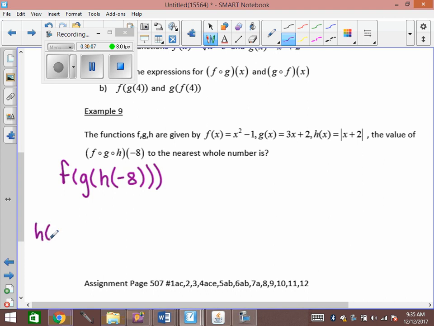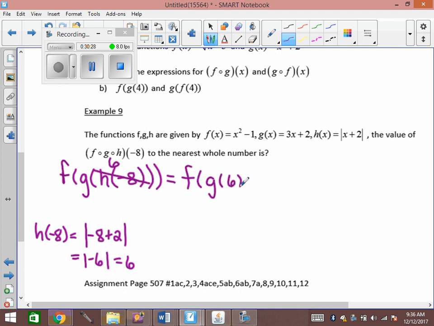So I'm going to go off to the side. I'm going to do h of negative 8. I forgot my marker doesn't change. So we get the absolute value of negative 8 plus 2, which is the absolute value of negative 6. What's the absolute value of negative 6? 6. So now instead of this, I have a 6. So now I have f of g of 6.